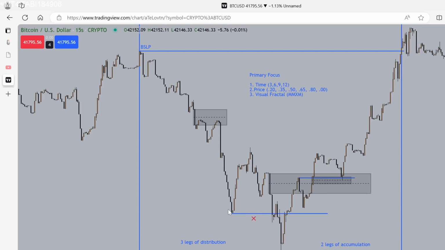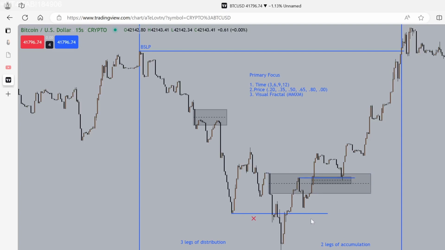Price comes down, takes out a low, and then we start making higher highs and higher lows. We take out the high here, make a low, and come back up, take out another set of highs. Now that we're seeing order flow is bullish, we're going to be looking for that optimal advanced setup that you guys have seen many times on my YouTube channel.